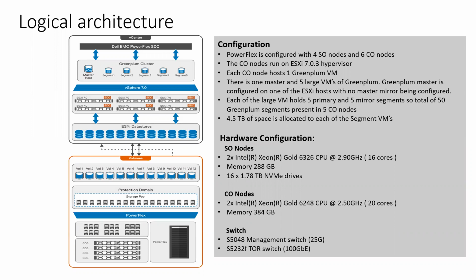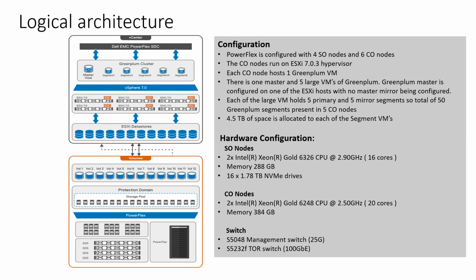Since we have 6 ESXi hosts, we have in all 6 VMs. One VM resides on each of the ESXi hosts, or the CO nodes. So that's the overall configuration of how it has been laid out.